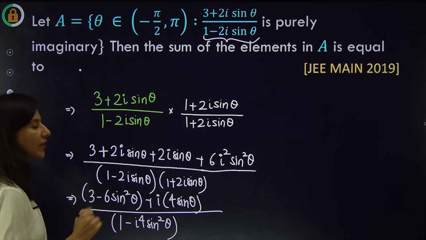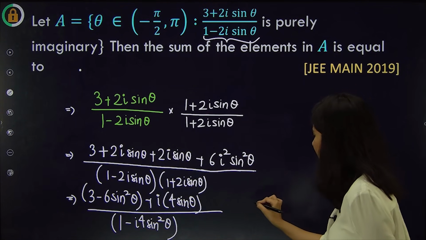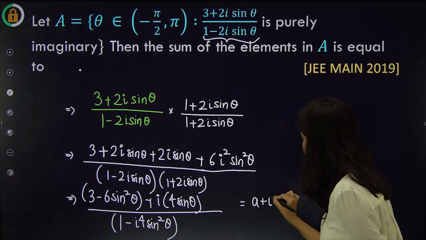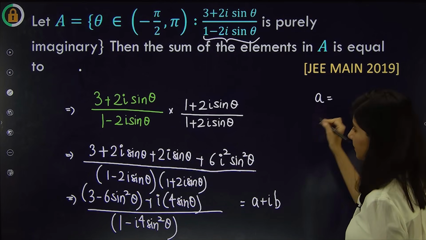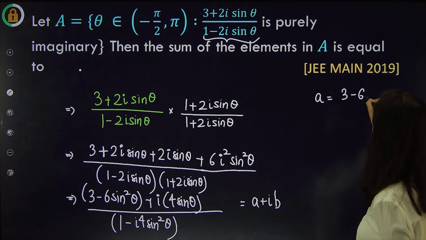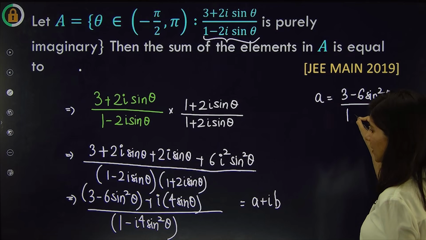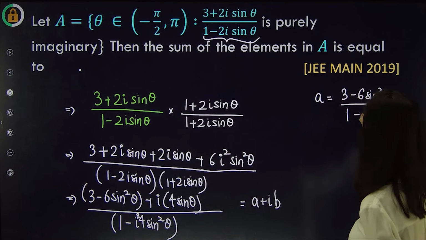This is now in the form of a plus iota b, right? If you compare it with a plus iota b, your a will become 3 minus 6 sine square theta upon 1 minus, so this is iota square, so 1 plus 4 sine square theta.